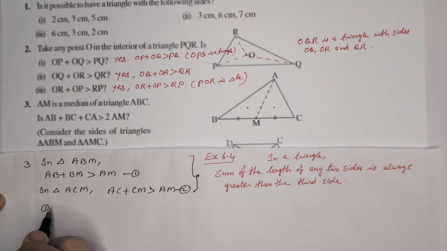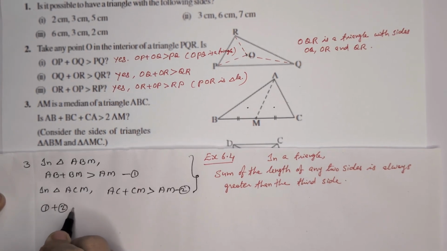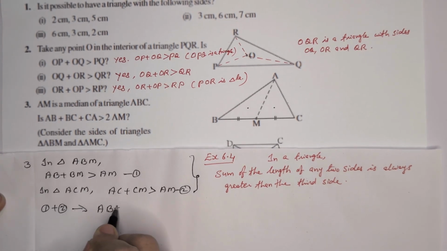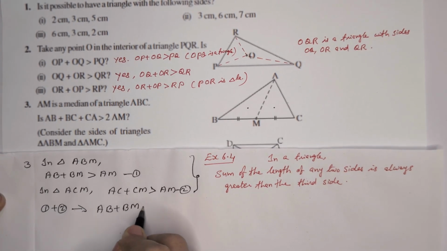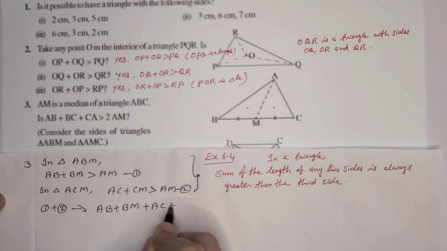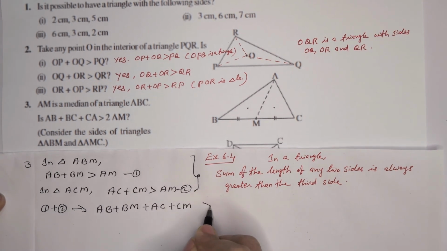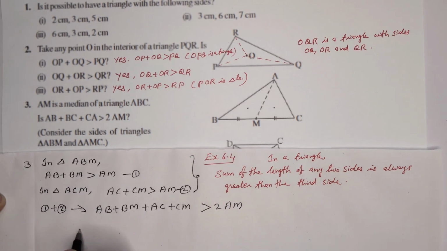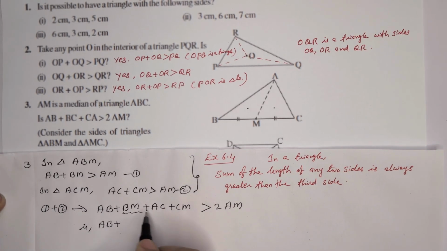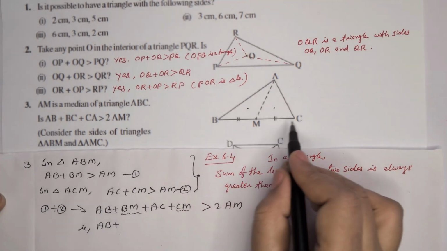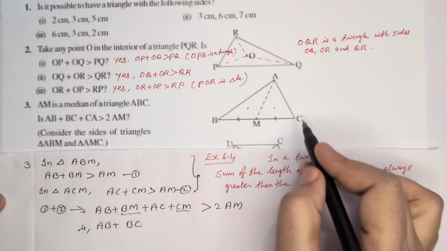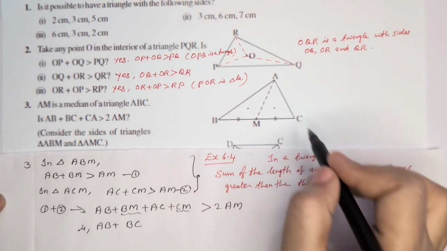If we are adding 1 and 2, we will get on the left side AB plus BM plus AC plus CM, which is greater than 2 times AM. Here BM and CM together we can write as BC, and AC is the same as CA.